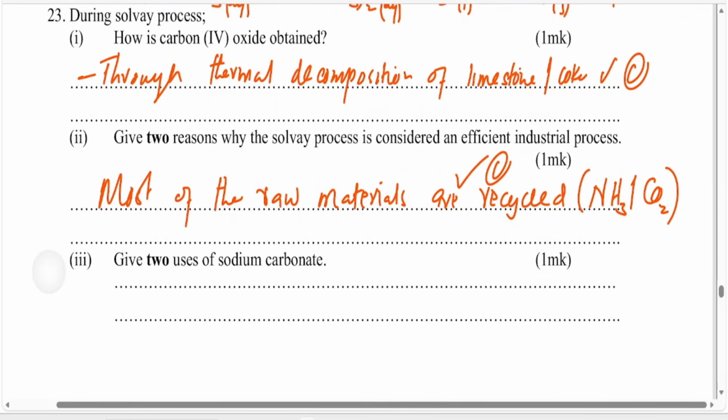Give 2 uses of sodium carbonate. Remember, the main reason we have the solvay process is to manufacture sodium carbonate. So what is the use of this sodium carbonate? Sodium carbonate can be used in softening of hard water.